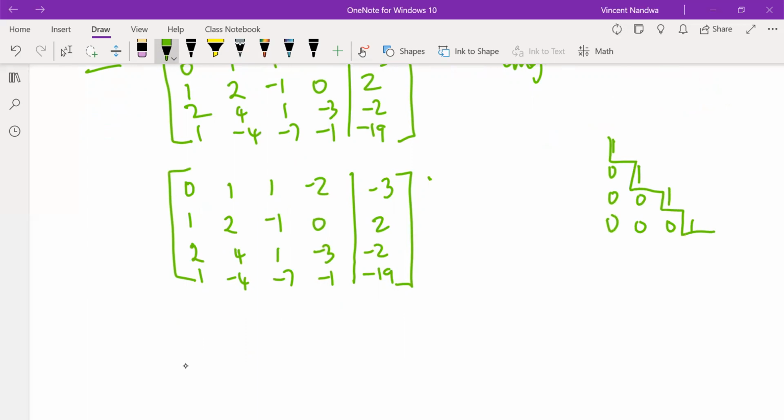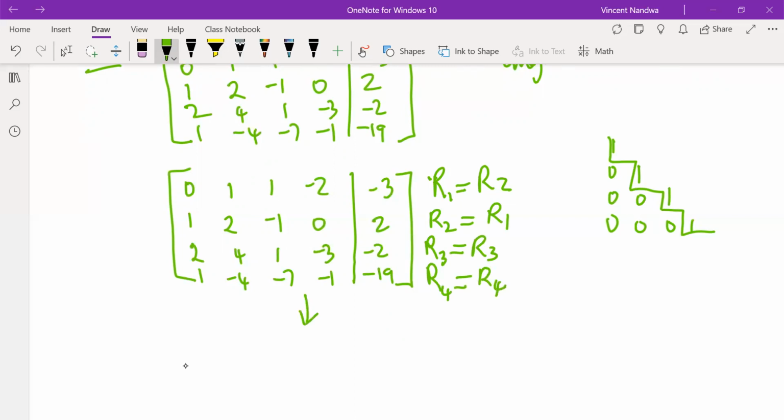So we can actually achieve that one by interchanging row 1 and row 2. So we say, let row 1 be the same as row 2, and let row 2 be the same as row 1. And then let's keep row 3, and let's keep row 4.